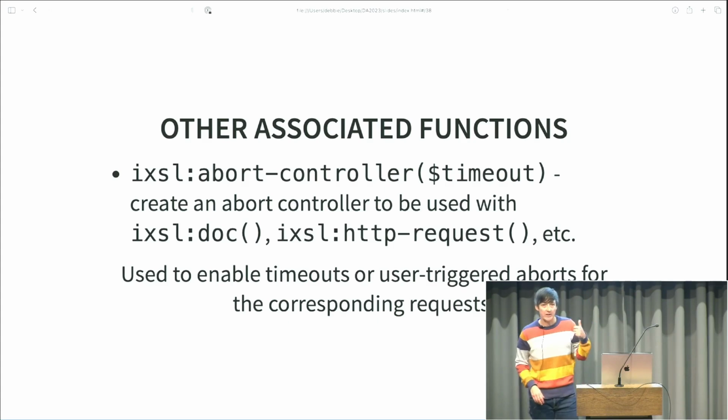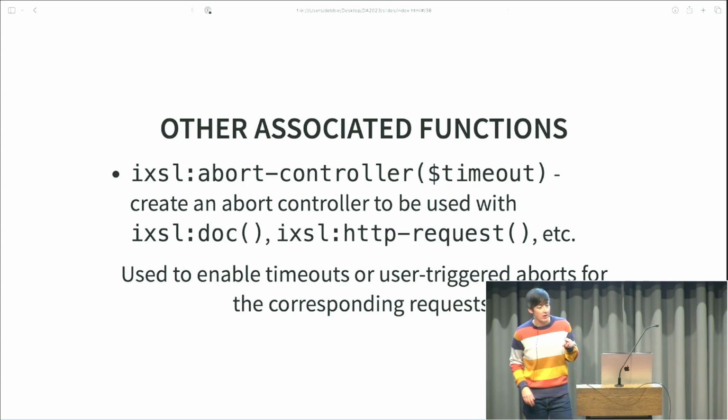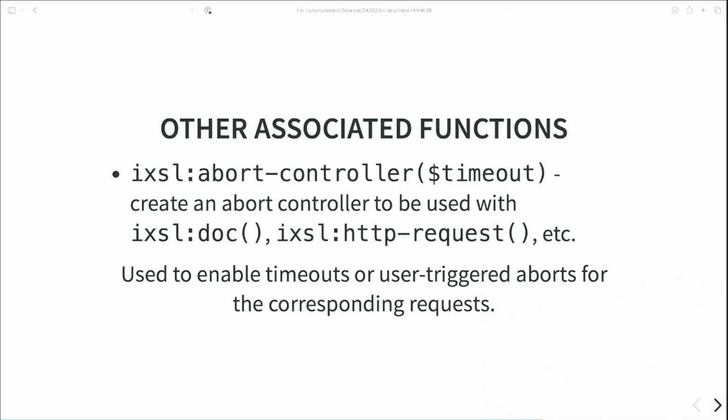And you can use these with the resource fetching and HTTP request functions. The signatures I've just shown you didn't include these because I wanted to highlight how close they are to the FN functions. But basically we've stuck on an extra argument where you can supply an abort controller. And you can enable timeouts or user-triggered aborts using this.